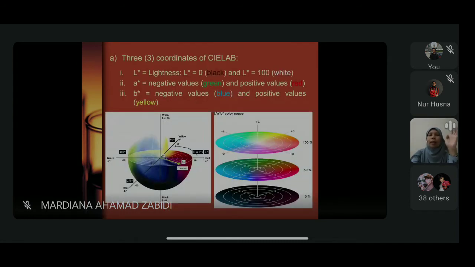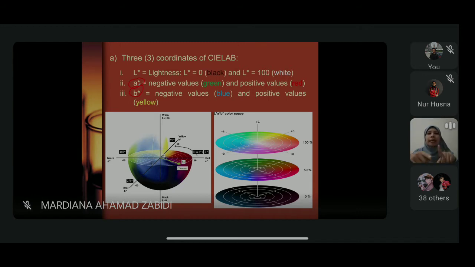Okay, if you look in your lecture notes, the L is not necessarily with a star. But if you look, A has a star, B has a star. Okay, so this is the current system that we are using now. If later you have the opportunity to use the chromameter, basically you have two LAB.